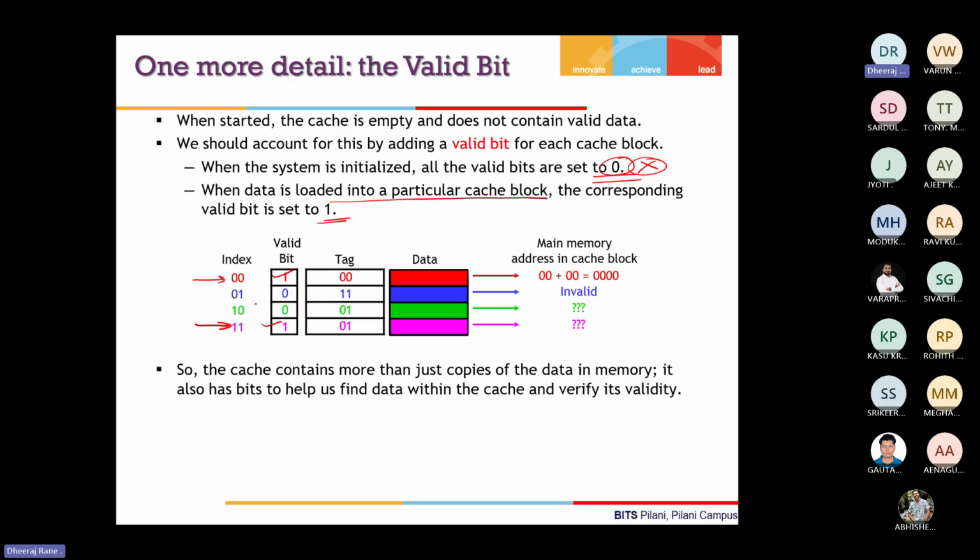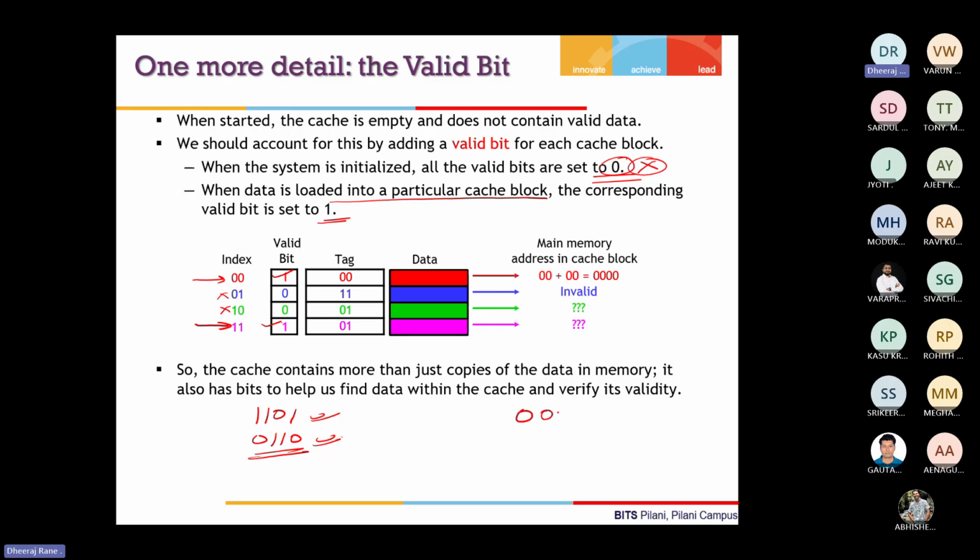The rest of the data, even if it has some meaning, say 1101 or 0110, may be valid, but there may be a case that the data has been replaced, and that's why the valid bit is not set, right?